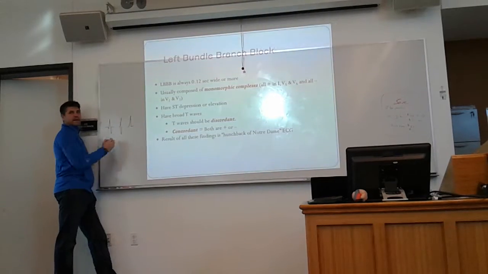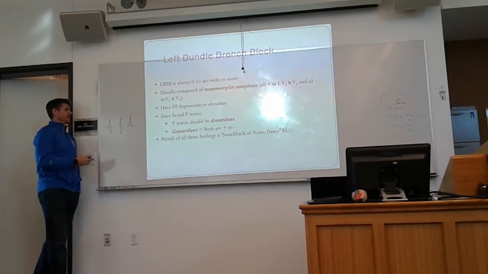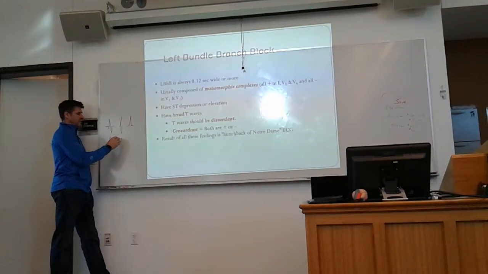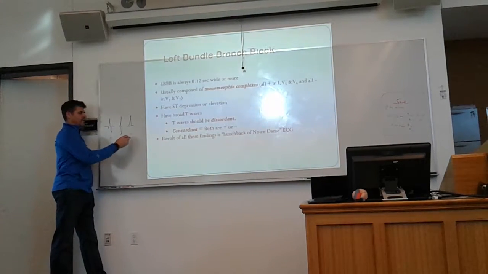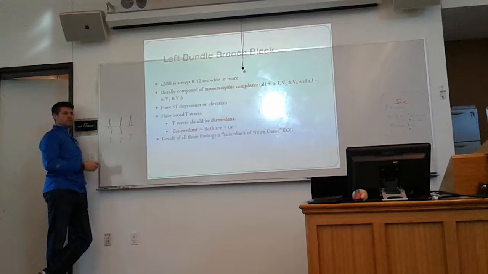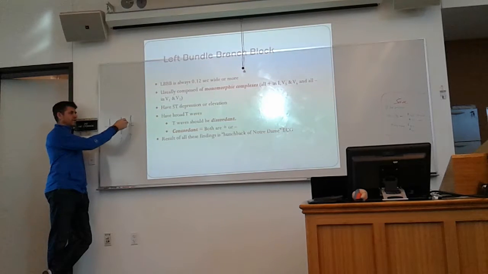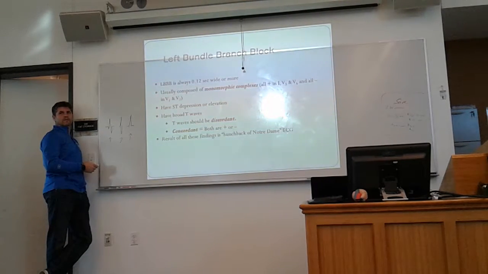These two are polymorphic QRS complexes, and this is a monomorphic QRS complex because there are multiple shapes in these ones, and in this one there's only one shape.